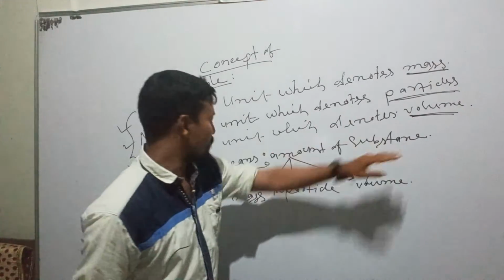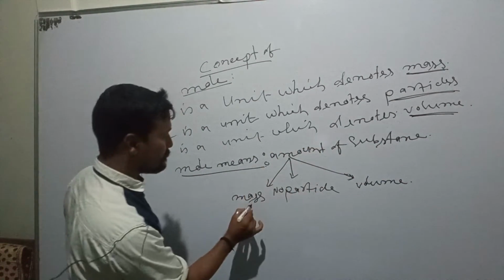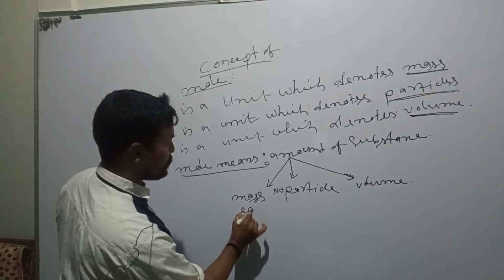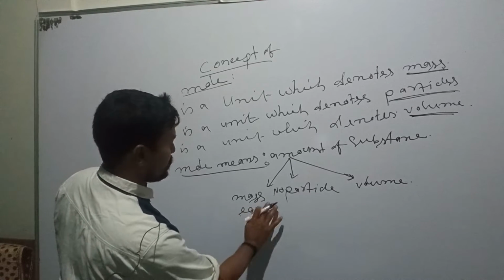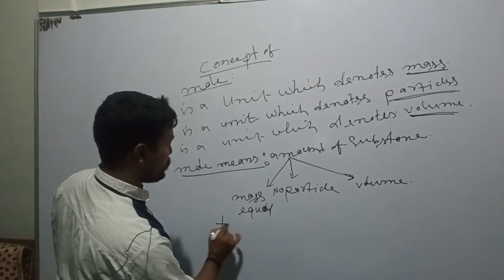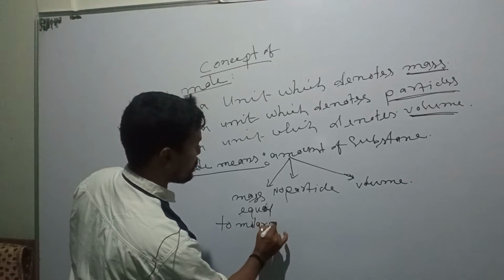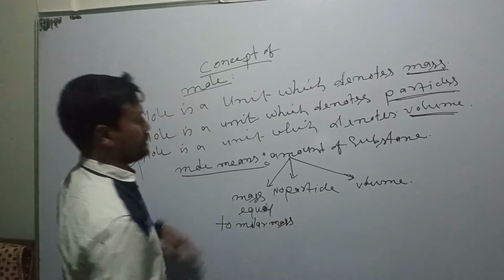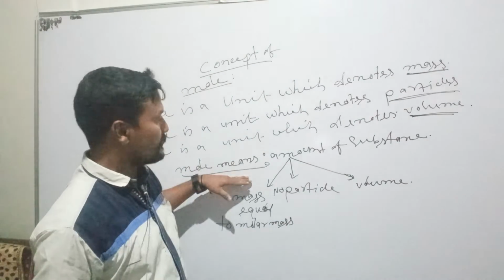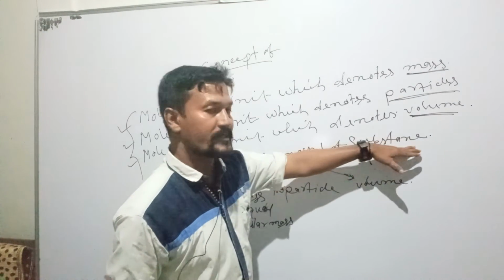So amount of substance which is measured in mass is equal to molar mass. Mole is a unit which denotes amount of substance.